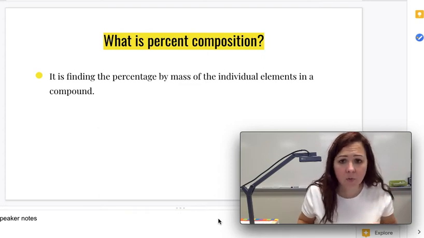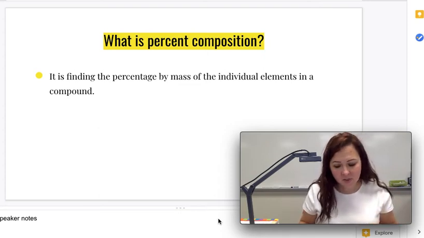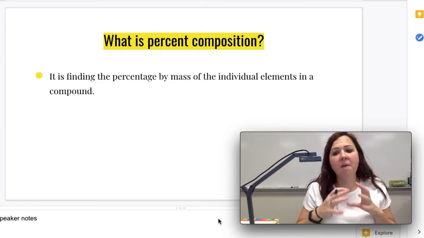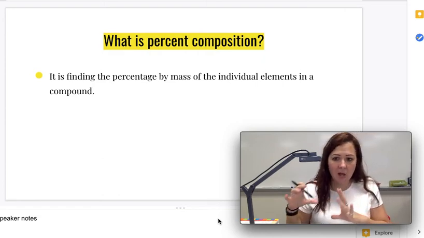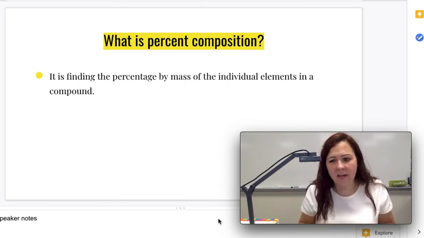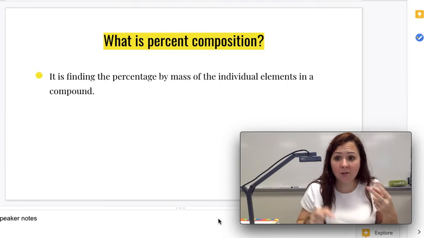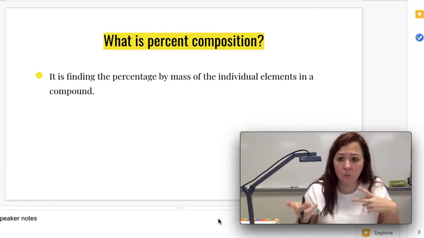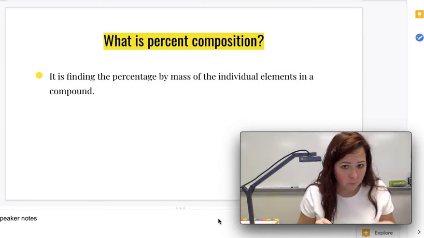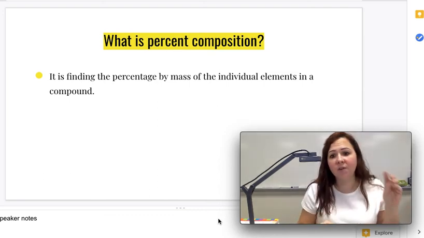When you're looking at your percent composition, it has to do with how much of a compound is made up of certain elements by mass. So we know that if we have H2O, water, we have 2 hydrogens and 1 oxygen, and that's a 2-to-1 ratio. Well, this is by mass. Hydrogen has a mass of 1.01, which is very tiny.